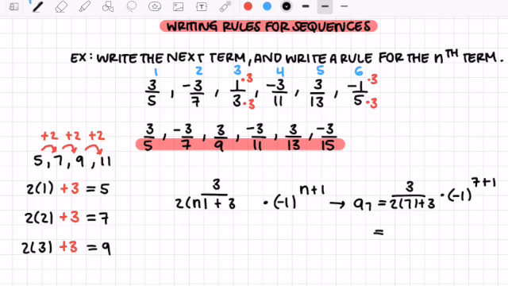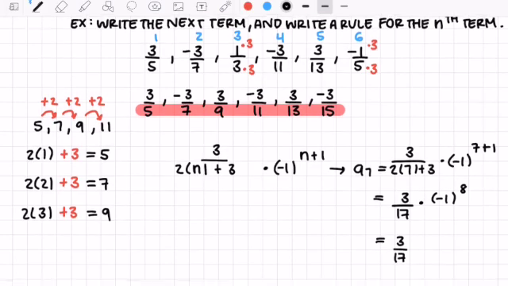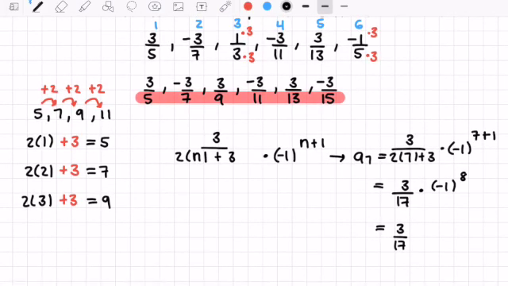And that equals 3 over 17 times negative 1 to the power of 8, which becomes 3 over 17. Cool. And so that would be our final answer.